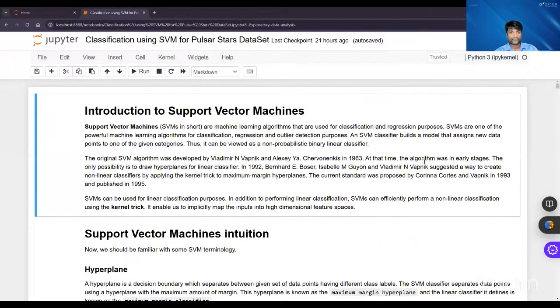Okay. Fine. So let us start today's session. The concept for today is SVM. Let us discuss first what is SVM and why we use SVM, and then let us go into a project.